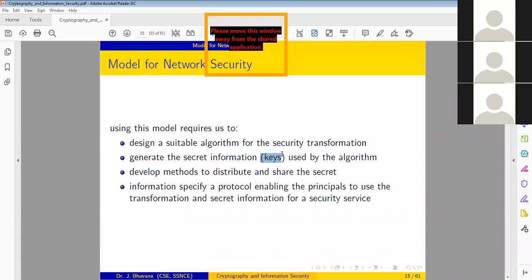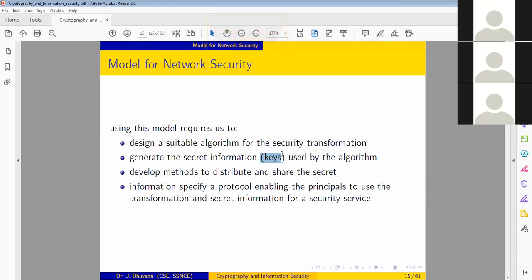This can be easily understood by an analogy. I'm sending a message and I want to send it in a secured form. So I put it in an envelope and put it in a box.